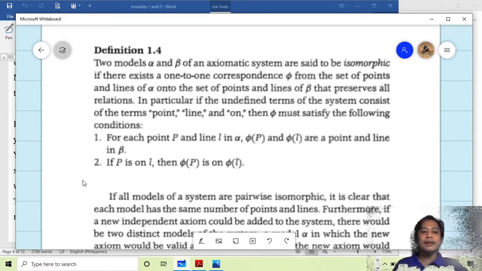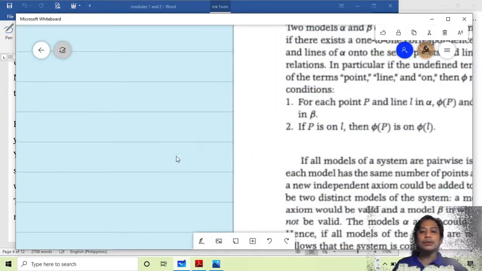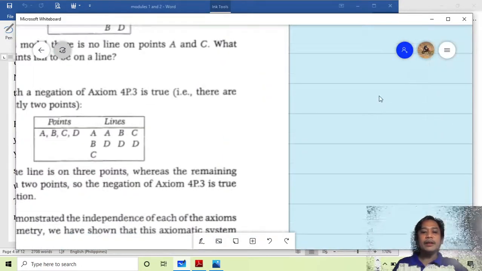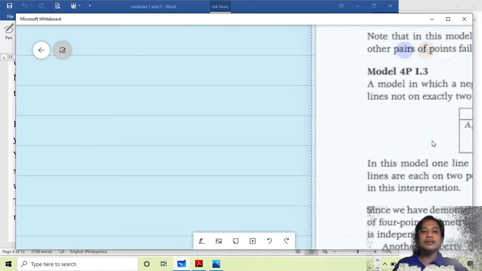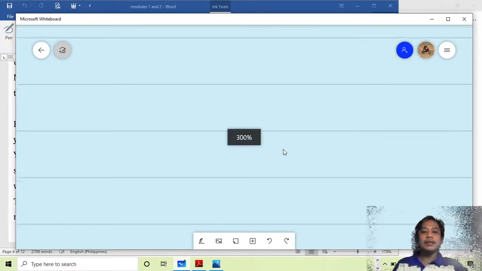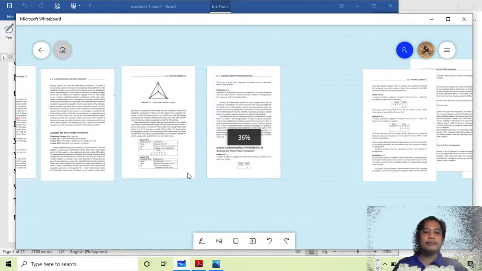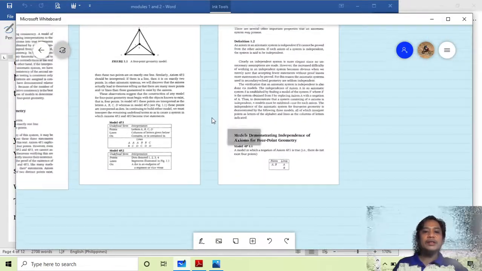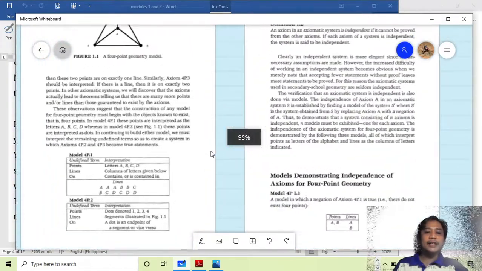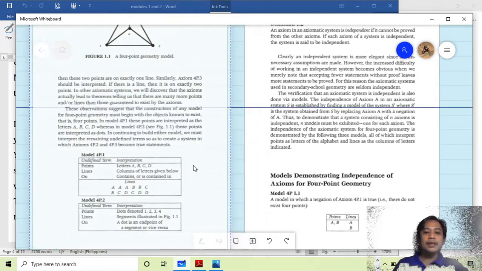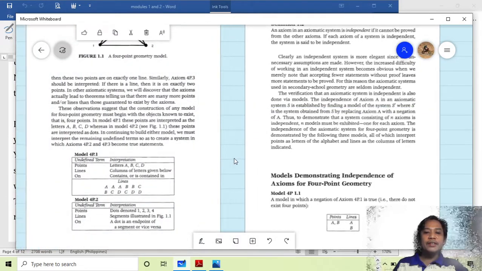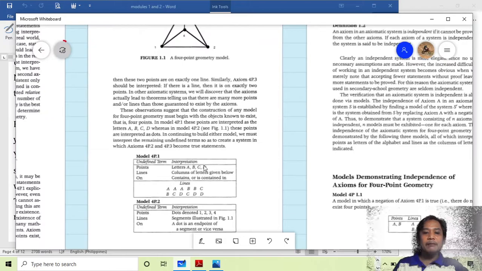Okay, for example, if we go back to the two models of the 4-point geometry here, we see that the two models are basically the same. Why? Because the points are just renamed from A, B, C, D to 1, 2, 3, 4.